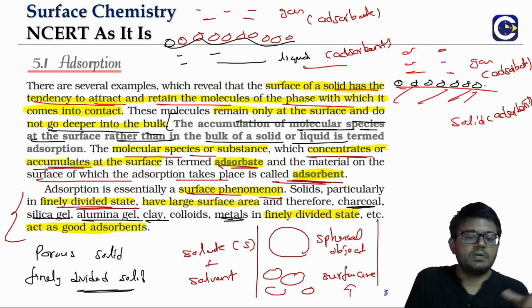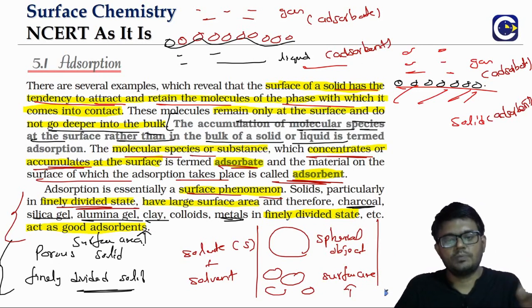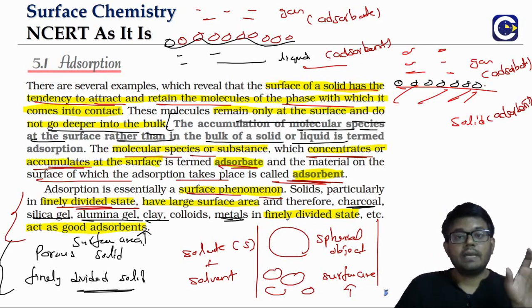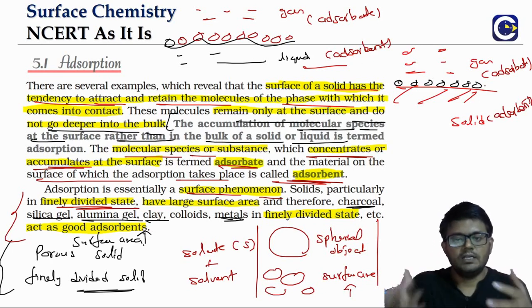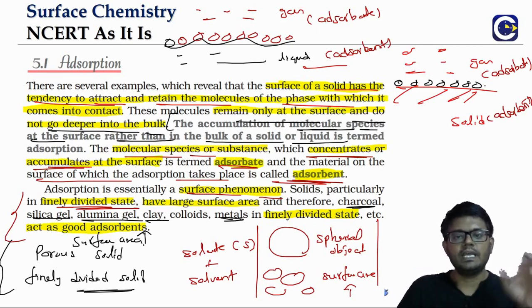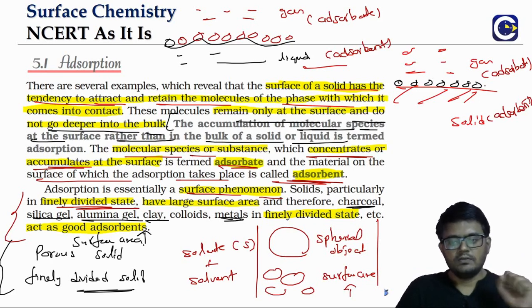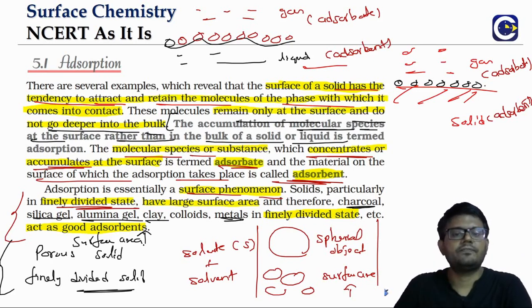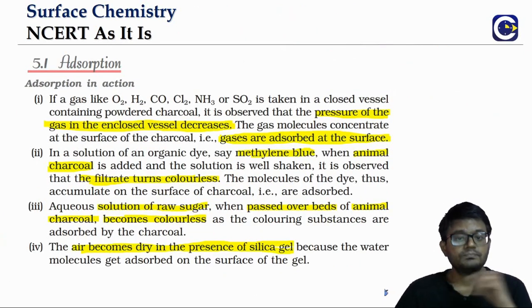Why? Simple reason. What is it? The surface area will be what? Increasing. The surface area will be increasing. So we will see how exactly surface area plays a role in adsorption when we go to the mechanism of adsorption, the adsorption process. When we discuss it, we will see how the area correlates to the adsorption phenomenon. Okay, so this is a brief into what is adsorption.